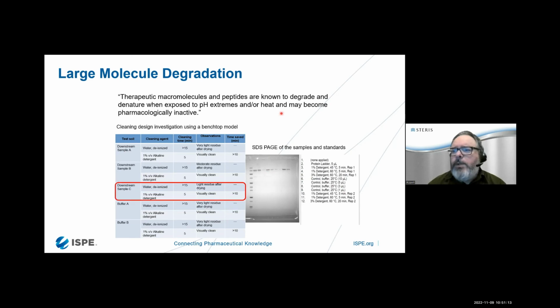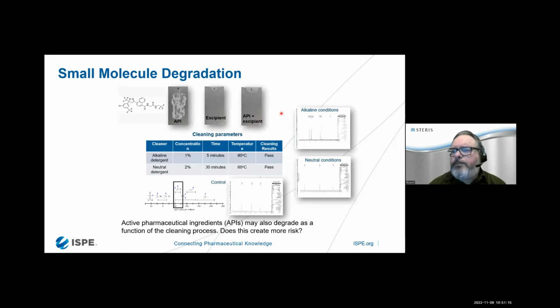When we go to another approach, a small molecule approach, we may have a different strategy. So here we have small molecule degradation. A 1% alkaline detergent, and this is using NMR, we have our control, 3 nice peaks. The alkaline detergent was very effective at cleaning, 1%, 5 minutes, but we have a degradation of the active ingredient.